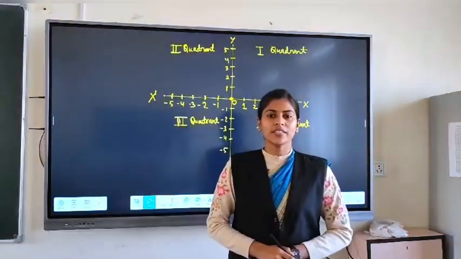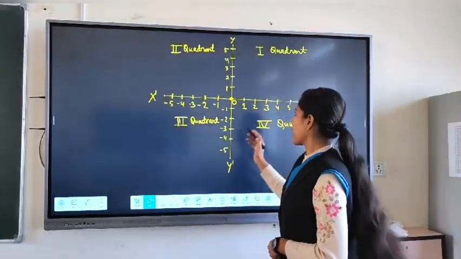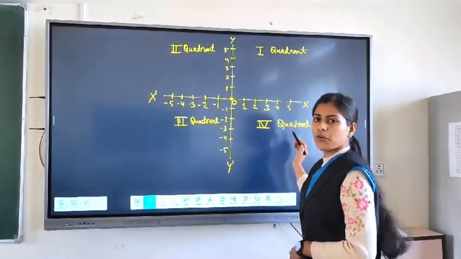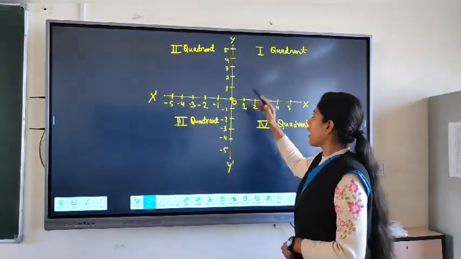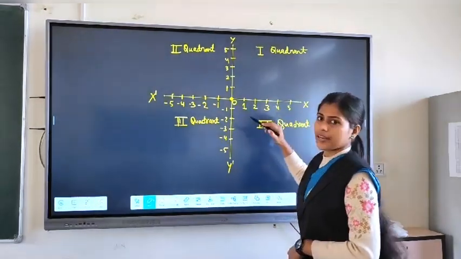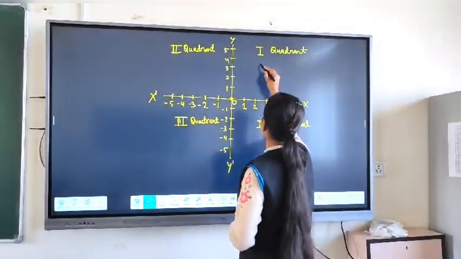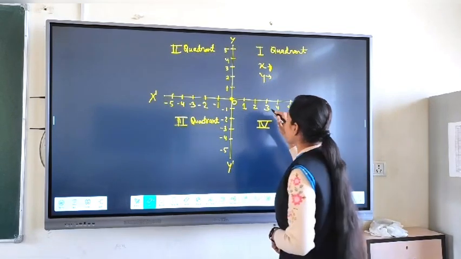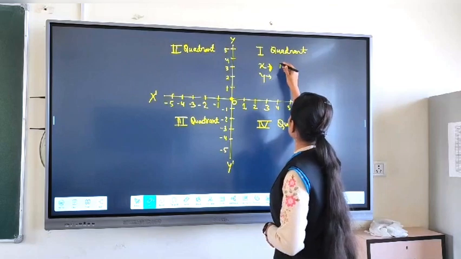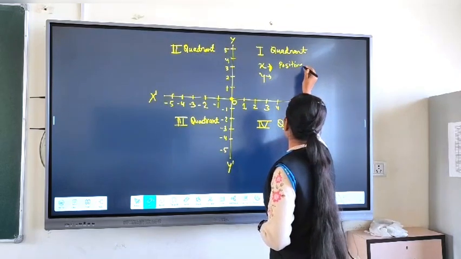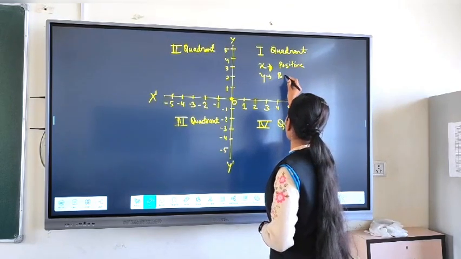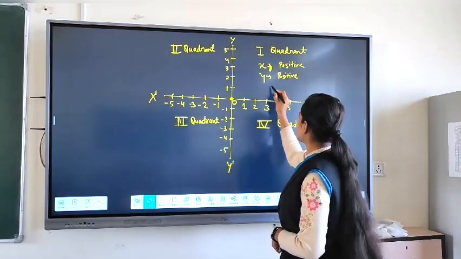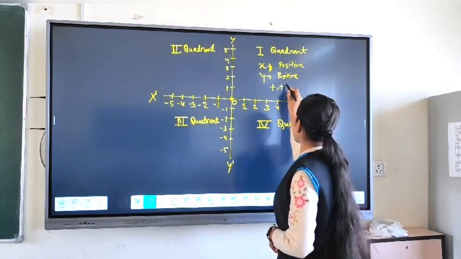Now let's see the quadrants and signs. We have 4 quadrants: first quadrant, second quadrant, third quadrant and fourth quadrant. How can we name them? By anti-clockwise direction. For the first quadrant, the x coordinate is positive and the y coordinate is also positive. So the sign for this is plus, plus.